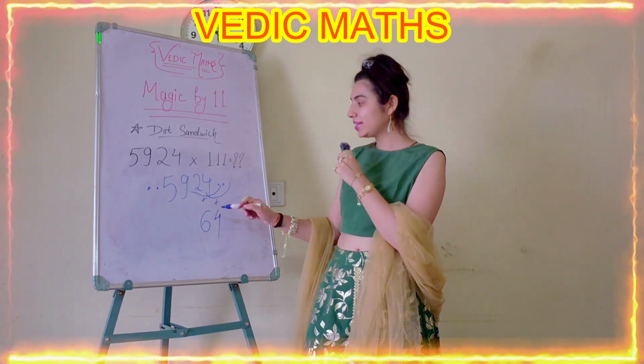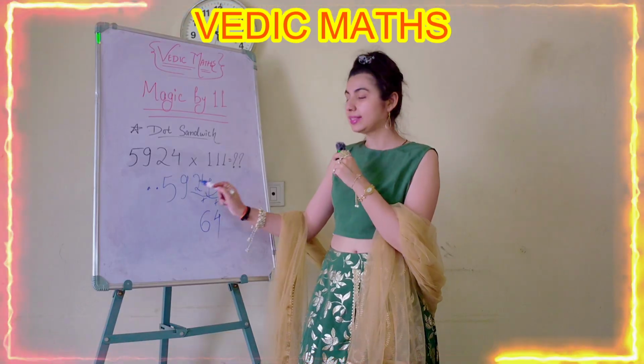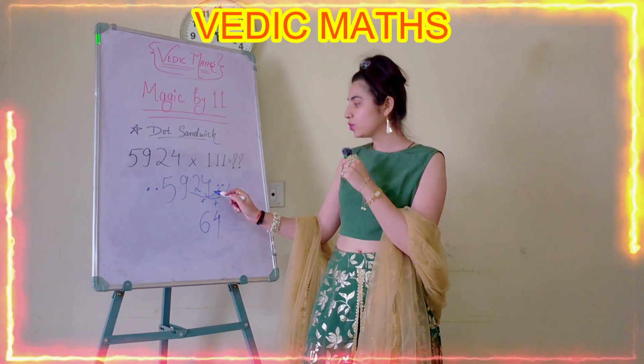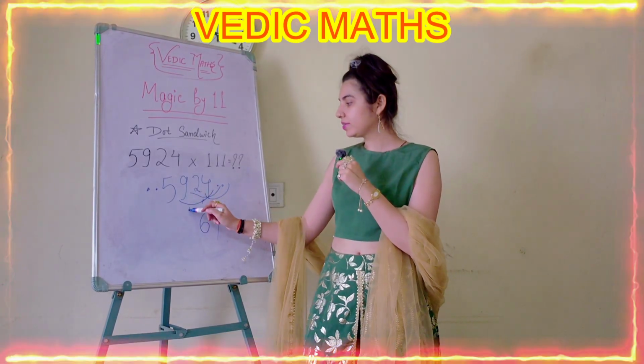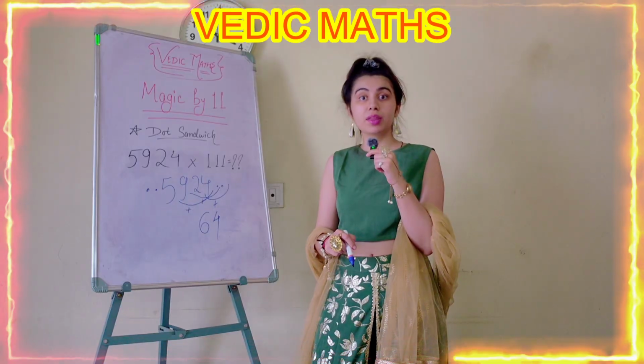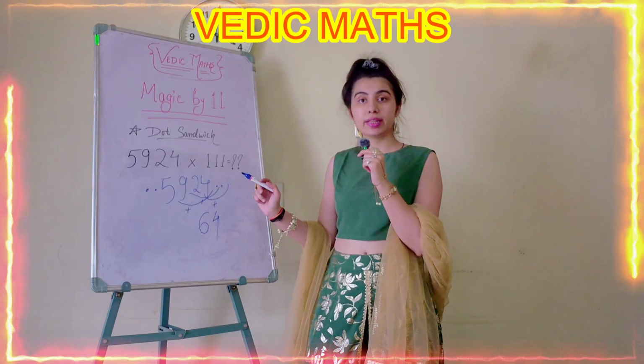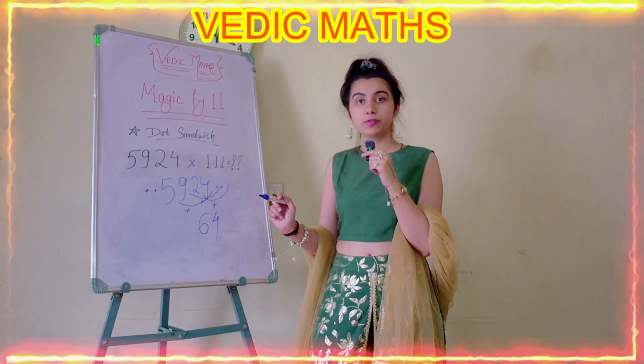Now the next step will be 4 plus 2 plus 9, right? So 9 plus 2 is 11, 11 plus 4 is 15.